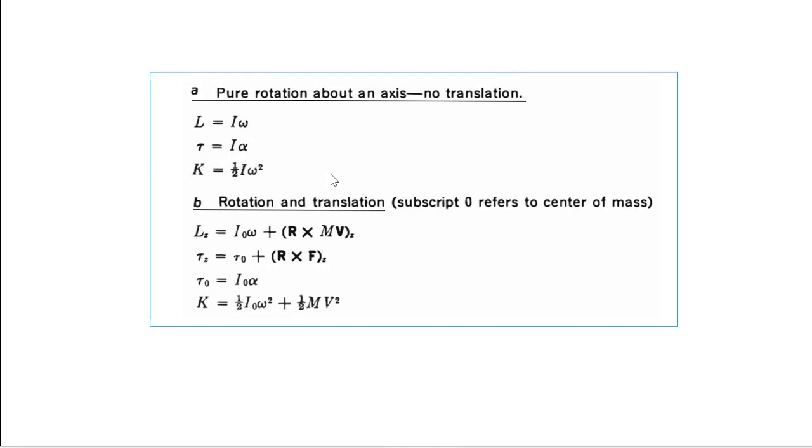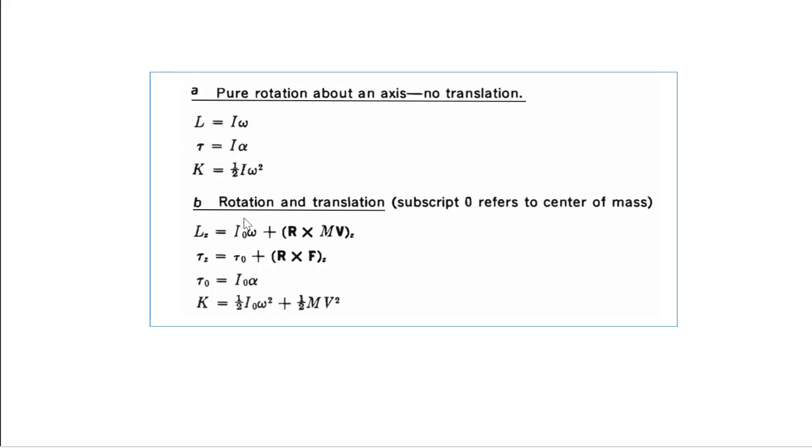If you compare pure rotation with rotation plus translation, this is the summary. In the case of pure rotation, the equations are very simple. You take any linear equation, replace all the linear terms with the corresponding angular terms, and you get the corresponding angular equation. So L equal to I omega, tau equal to I alpha, K equal to half I omega square.